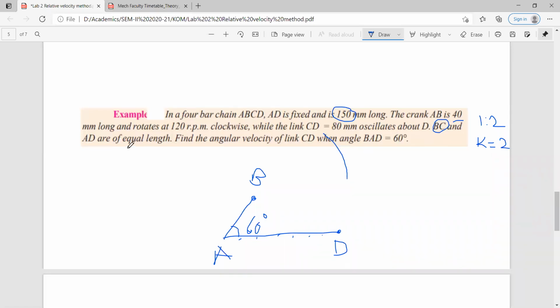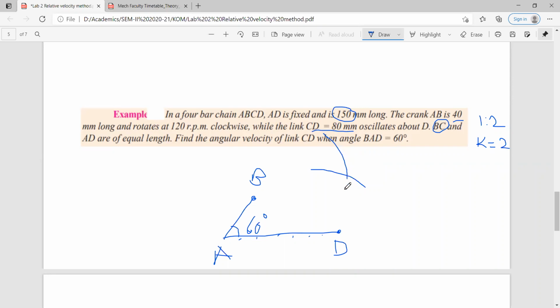Next is, what about the CD link? Length CD is how much? 80 mm. So what you will do? You will take 40 mm in compass. Put the compass at D and draw another arc. So this arc is having radius 40 mm and we have drawn it to find the point C. C point will be on this arc.